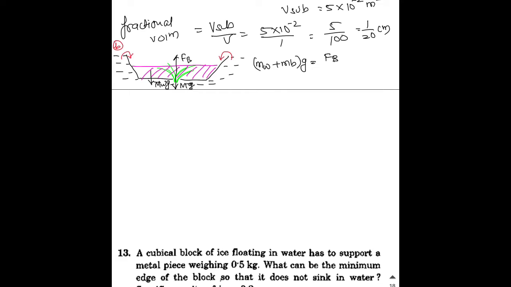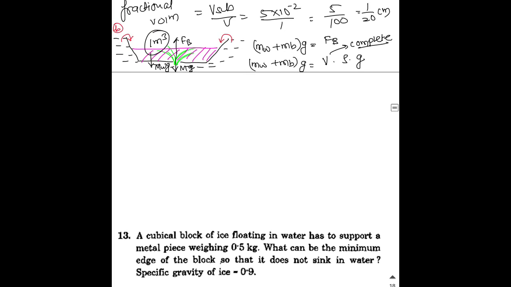If you just write the equation of the buoyant force, we get mass of water plus mass of boat times g is equal to V into rho into g. Now this V would be complete because the boat was submerged into the water. So the total volume was submerged and the total volume of the boat was given as 1 meter cube, so we put that there.